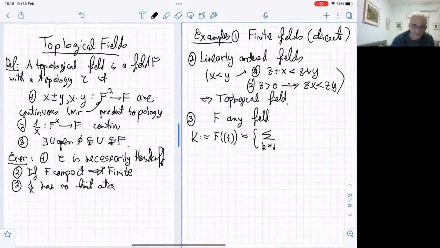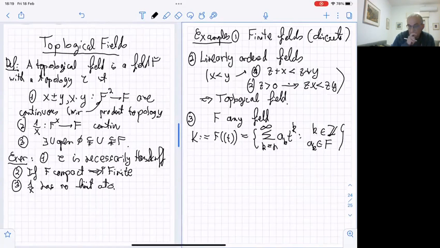Okay, so let me write it. This is what's called the Laurent series, the sum of a_k t to the k, and you allow k to start with any negative integer and a_k in F.